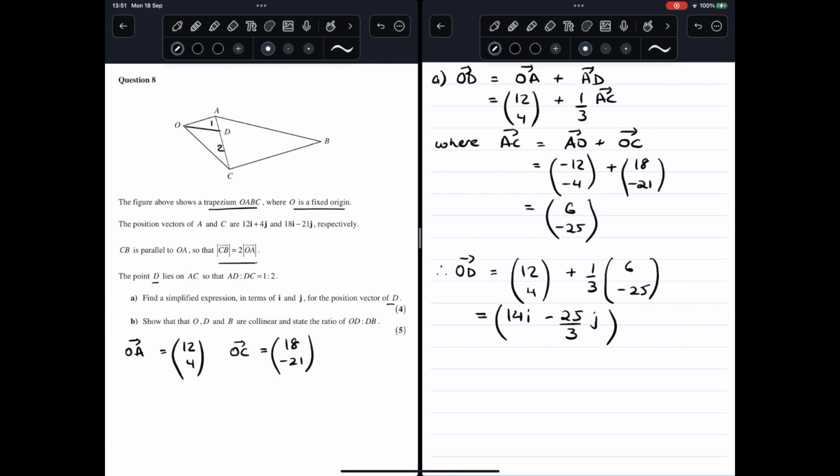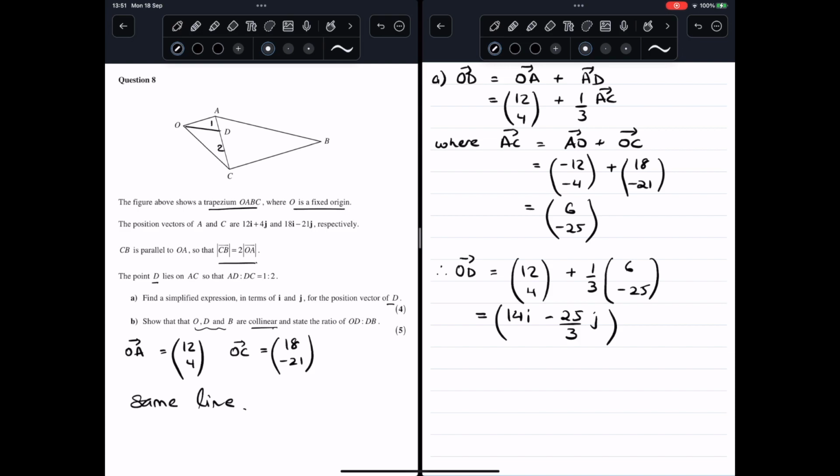Now, for the second part, we need to show that O, D, B are collinear, which means that they lie on the same line, okay? They lie on the same line, and therefore they should be in the same vector form.